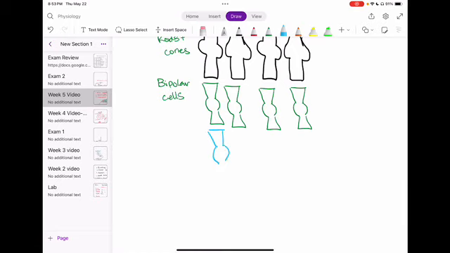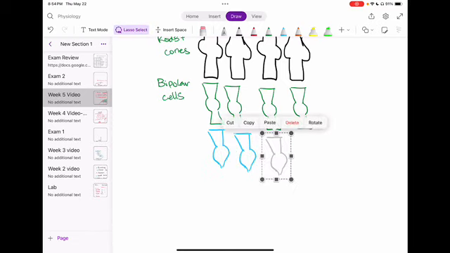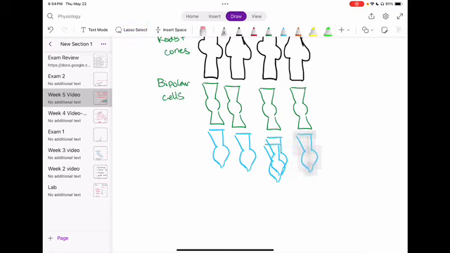I'm going to draw them like this. And then these ganglion cells, they'll attach here, and they'll all meet up at a certain point.